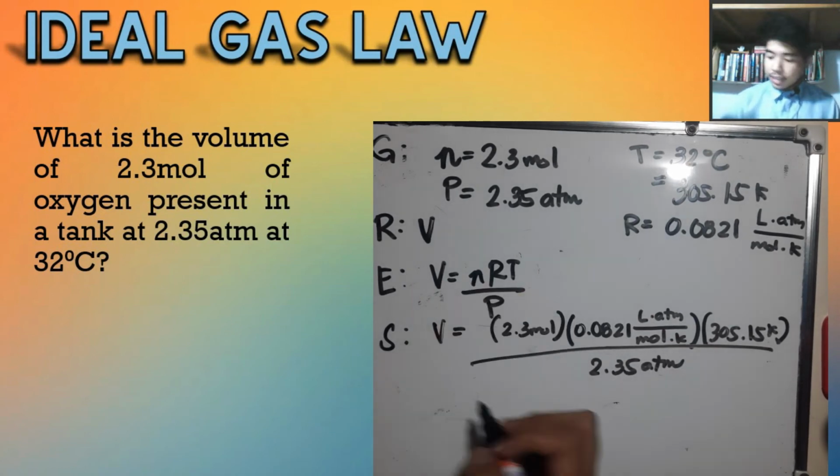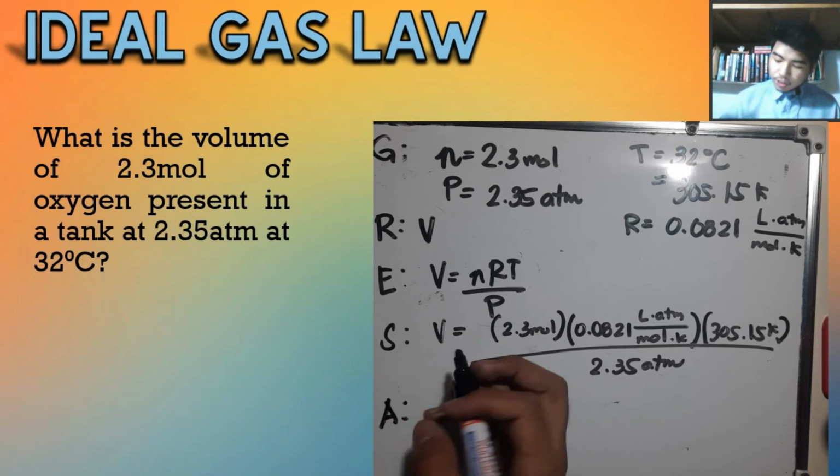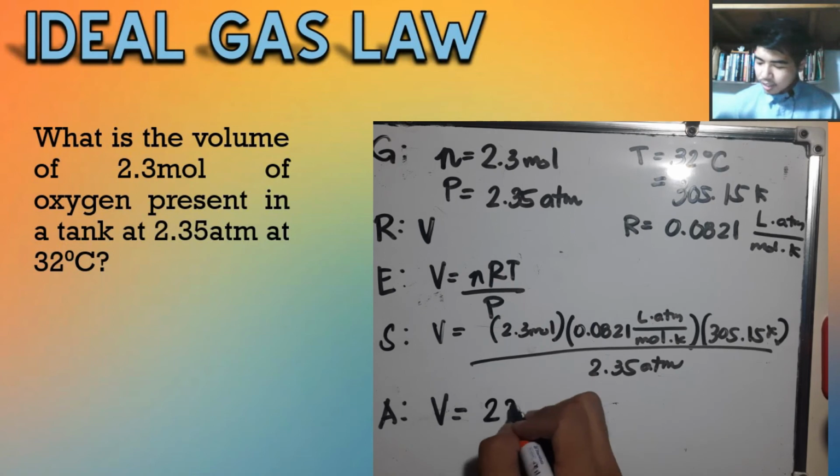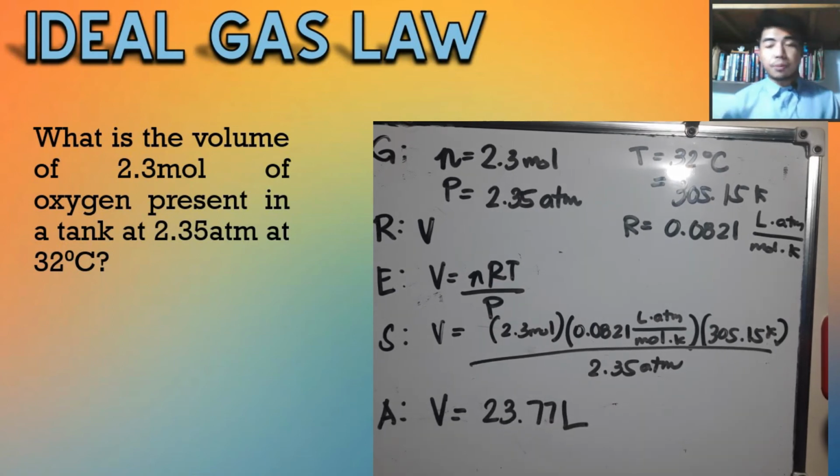Then, this will give us the value of the volume, which is equivalent to 23.77 liters. Remember, whenever we're talking about ideal gases, these are the gases that will follow Avogadro's law. They will also follow Boyle's law, and they will also follow Charles' law. Those three basic laws are included when it comes to the ideal gas law.